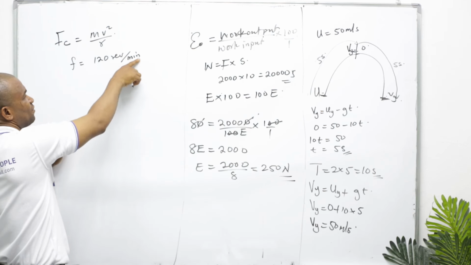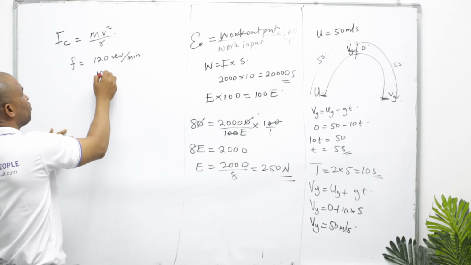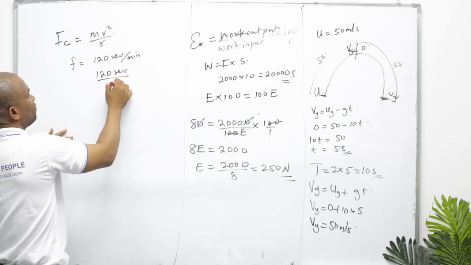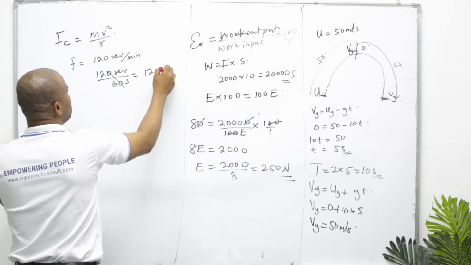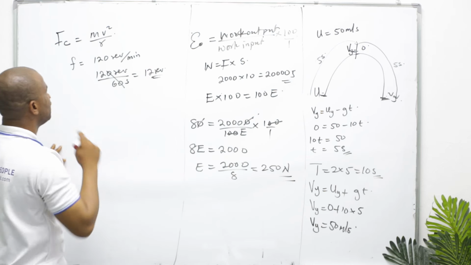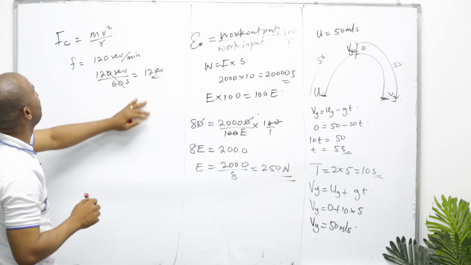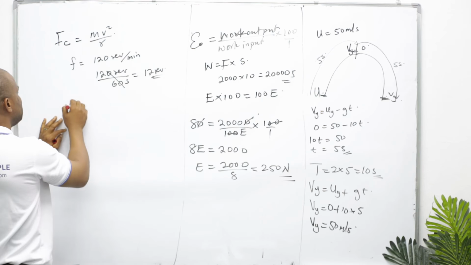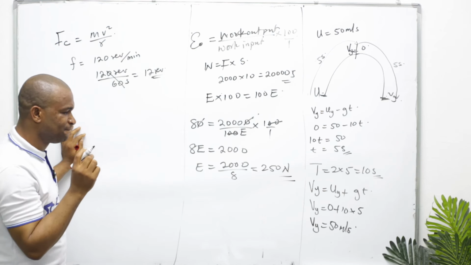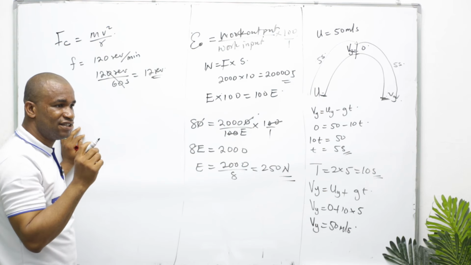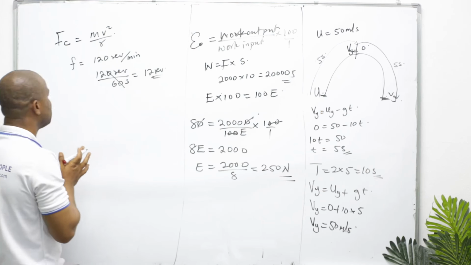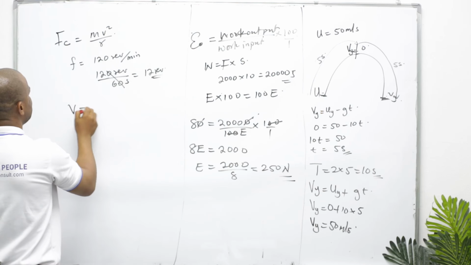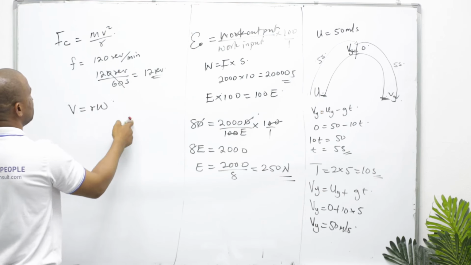So that is going to be 120 revolutions over 60 seconds, which is 2 revolutions per second. Now that is for the frequency. But remember that v is the instantaneous velocity, which is moving as the body is rotating in a circular path. So v is given as r omega.